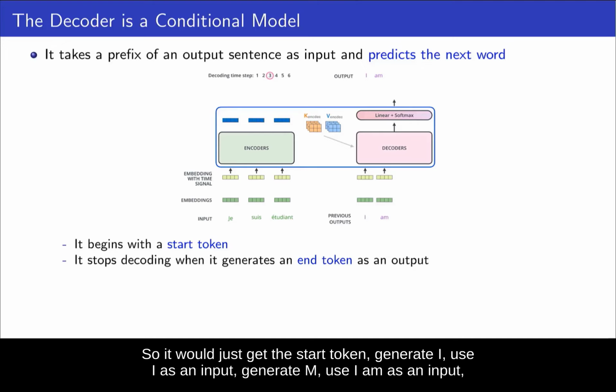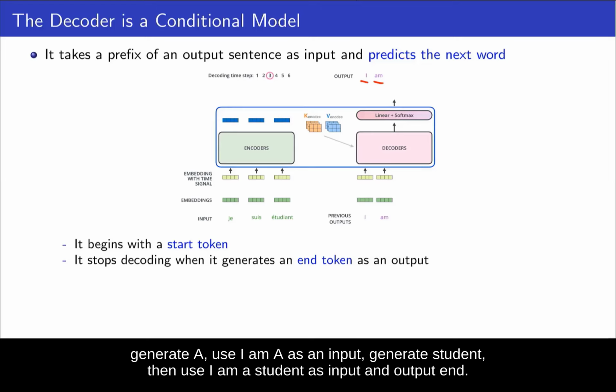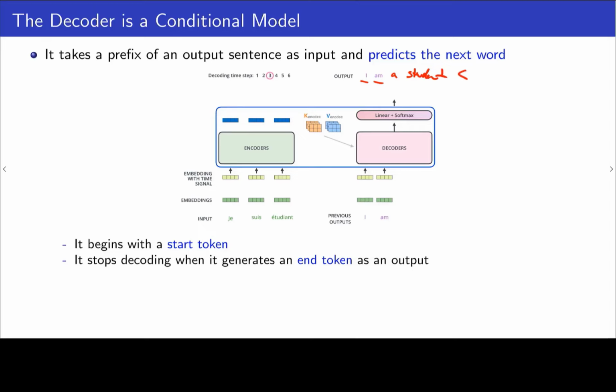So it would just get the start token, generate "I", use "I" as an input, generate "am", use "I am" as an input, generate "a", use "I am a" as an input, generate "student", then use "I am a student" as input and output the end token. And then it would stop decoding.